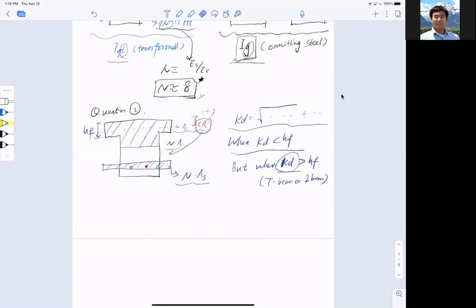What you need to do is erase this part, assuming that this is no longer confined to hf. You have this part instead. So I would say this is number 1, this is number 2, and the steel converted piece is number 3. I need to find a neutral axis, is that right? So how do I find the neutral axis?